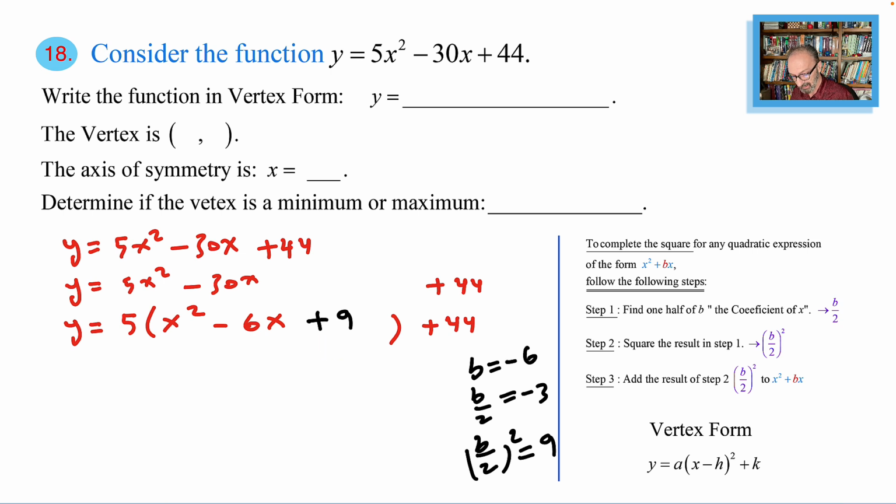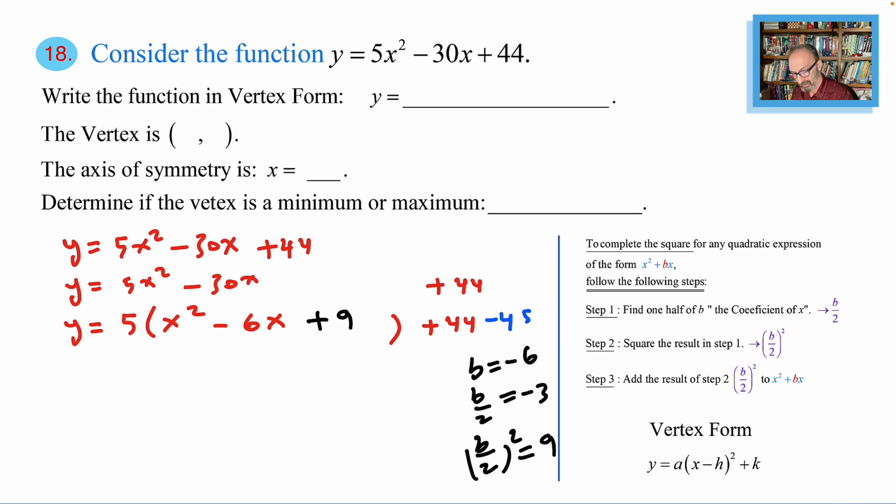It looks like 9, but it's 9 times 5, which is 45. One more time, we don't have x squared, we have 5x squared. We then have negative 6x, it's negative 6x times 5, and that's negative 30x. So the 9 is not just 9, it's 5 times 9, 45. So we added 45. I need to balance it because I'm working on one side, and write subtract 45 to balance it back.